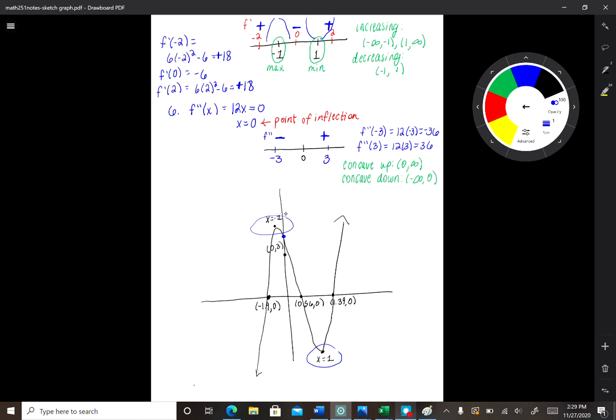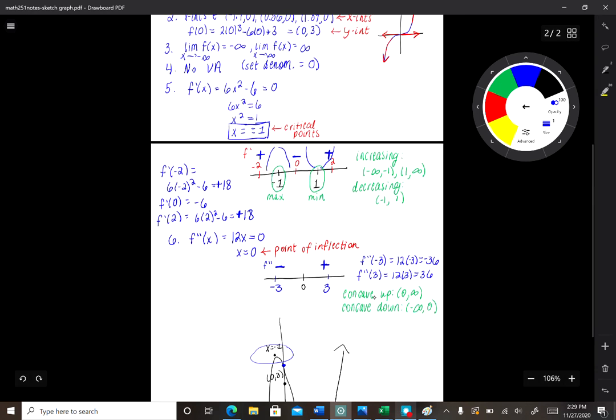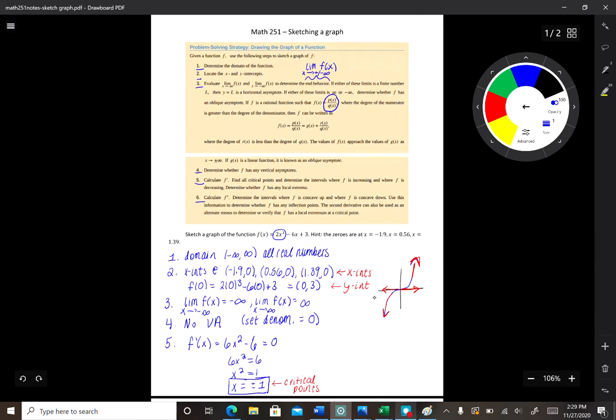In this graph, we had pretty easy end behavior since we just had a polynomial. But if we have a rational function, then it's a little bit trickier. So let's talk about rational functions. Our textbook gives us a pretty good hint here. So if we have a rational function, f of x equals p of x over q of x, where the degree of the numerator is greater than the degree of the denominator, then f can be written like this.